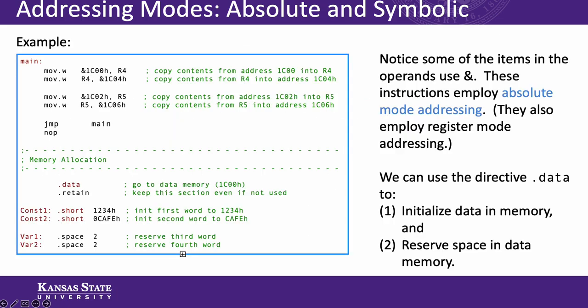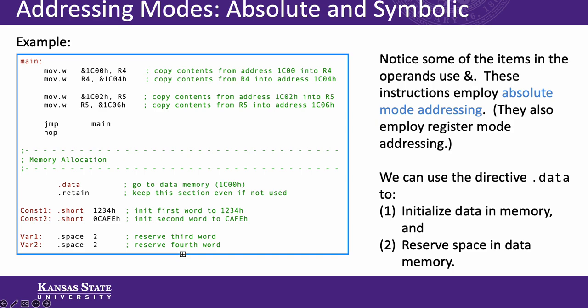All right, here's some example code that I have up here. You'll see that there's actually a lot going on in this. First, notice the main block there. Notice some of those items in the operands use that ampersand, like ampersand 1C00H, right? This is indicating to us that these are absolute mode addressing.